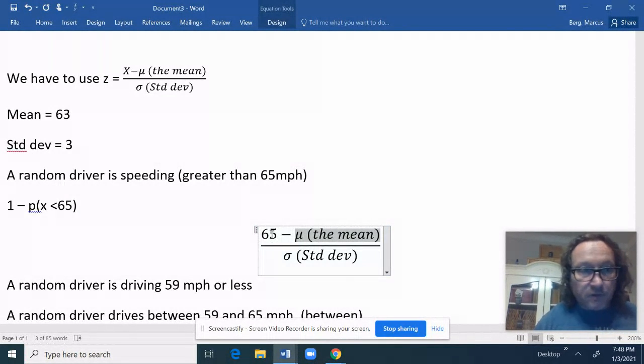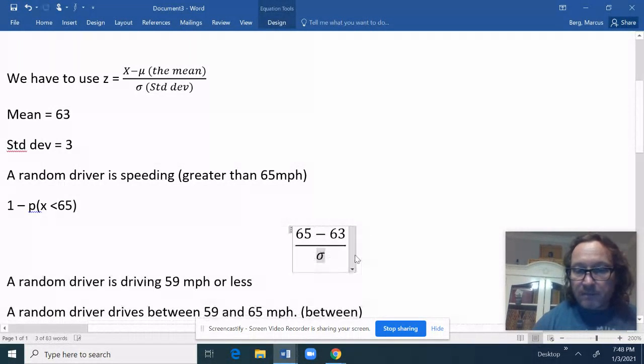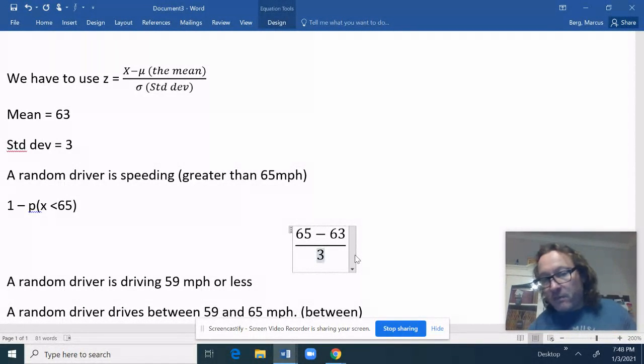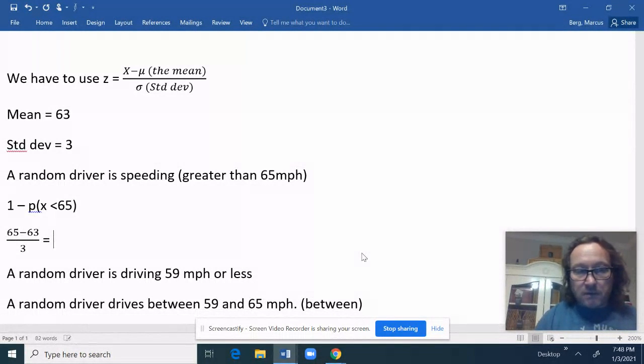What I need is the actual mu, the mean, which we said was 63, and divided by the standard deviation, which was 3 in this case. It's just a matter of plugging in once you find out what the values are. All the problems are done the same way. Put your values in. This is going to equal 2 divided by 3.